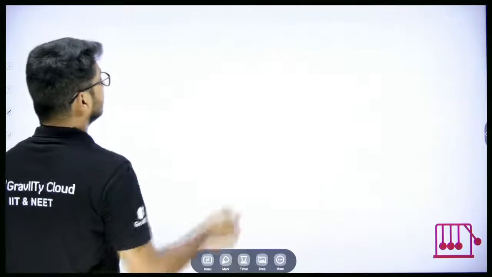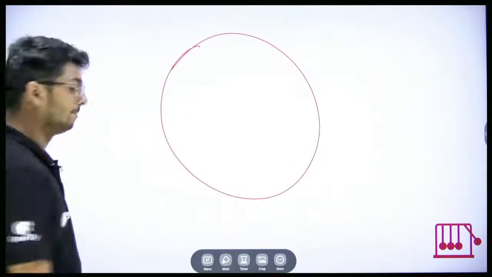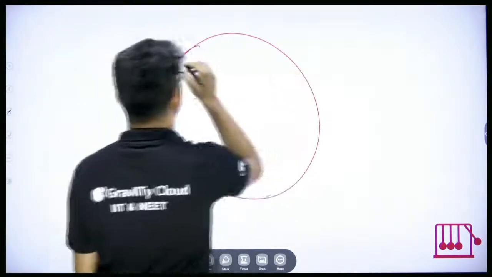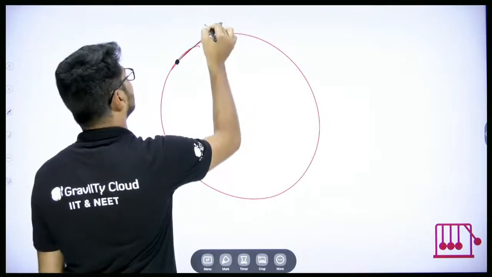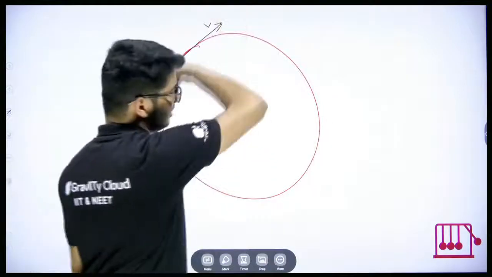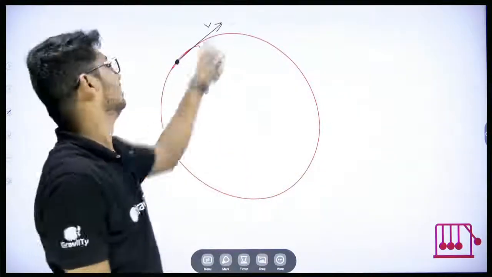Now how will I show it to you? If this is a circle, at any point, you can take this point. At this point, how will the velocity be? It could be something like this, along the tangent. Obviously, if it is rotated in clockwise direction, then it will be in this way.